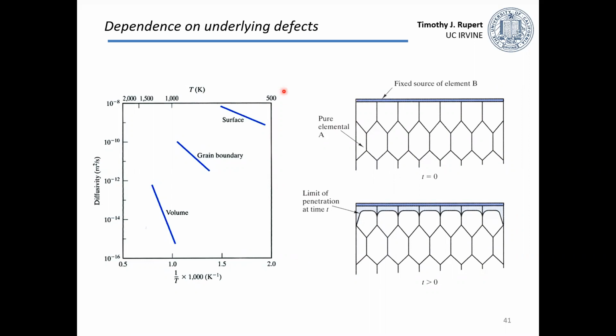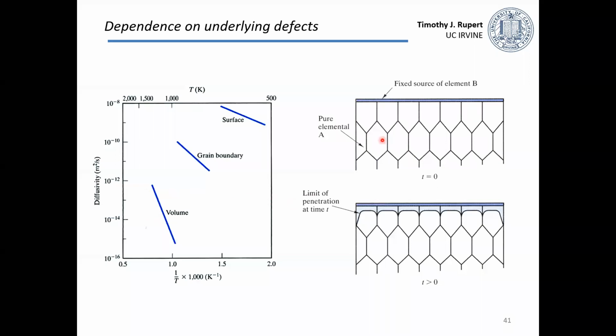So this is showing some general orders of magnitude for the fact that if you have diffusion of some species through the volume of your material, it's going to be many orders of magnitude faster along the grain boundary, and many orders of magnitude faster than that along the surface. Okay, so these are big changes, even though the materials are the same.